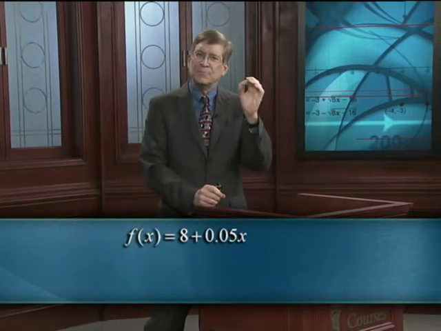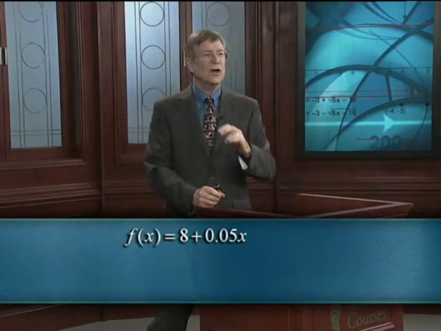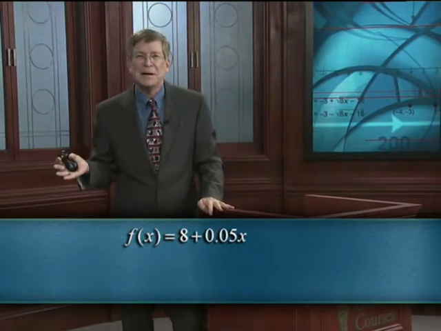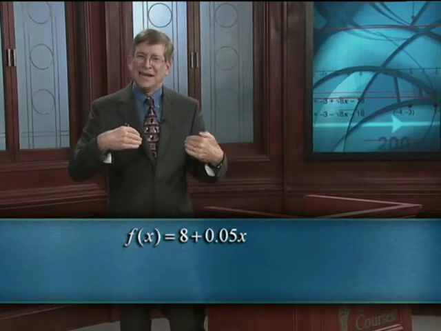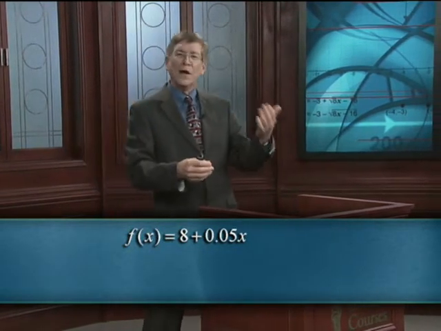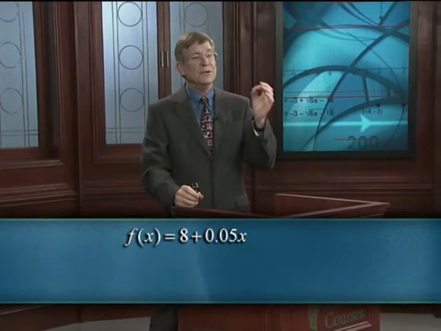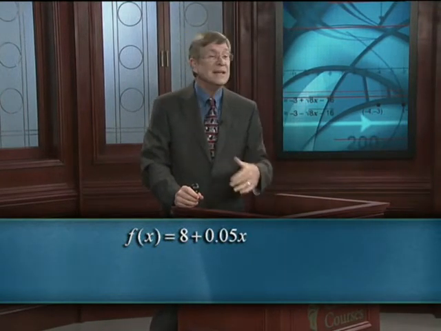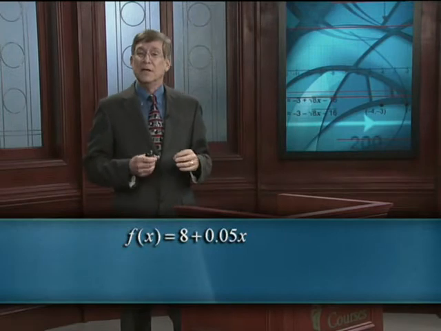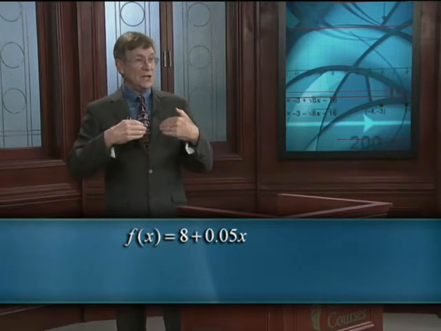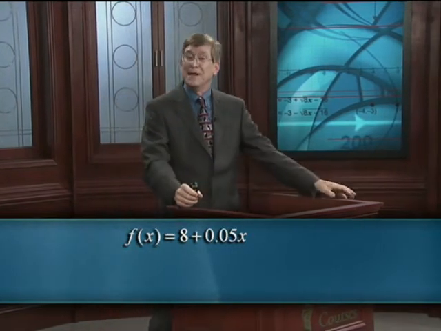So I get the function 8 plus 0.05x. For instance, if I sell 0 hamburgers, I'll still get my $8. And if I sell 1 hamburger, I'll get $8 plus 0.05, 8.05, etc. So that would be the function that gives my wage as a function of the number of hamburgers I sell.